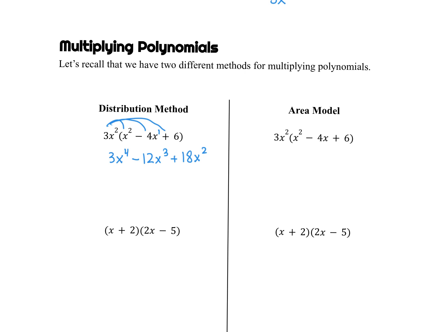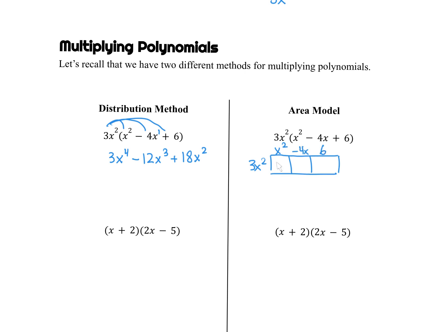Now, we could do the same thing with the box method over here on the right. It's simply, we would just set up a box. You guys are familiar with the box method. So this would be a box that would have 3 columns and just 1 row. Pretty straightforward. That's why I don't use it for this kind of thing. 3x squared would go here, and then up top would be x squared minus 4x and 6.